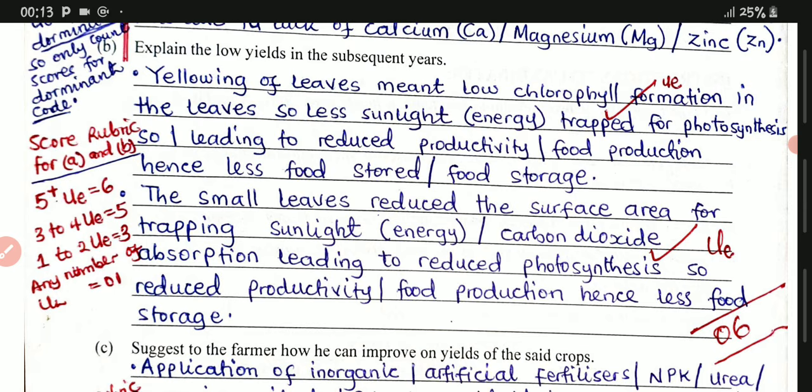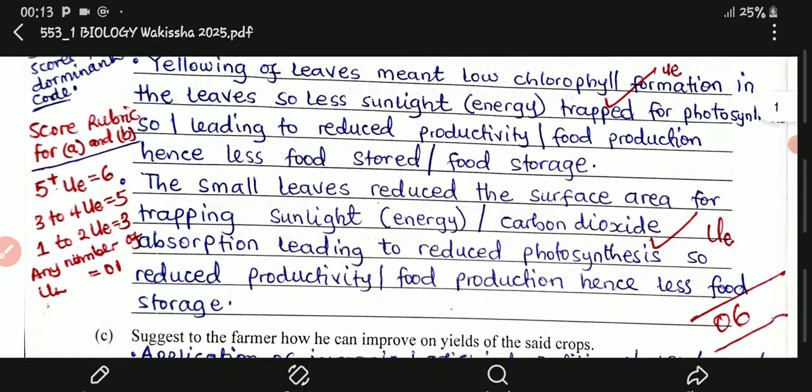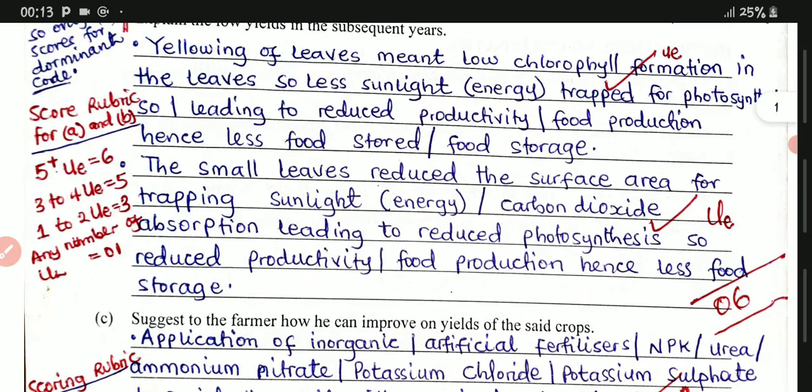The first point is yellowing of leaves meant low chlorophyll formation in the leaves, so less sunlight trapped for photosynthesis, leading to reduced productivity of food formation. Hence, less food is stored, or low food storage.